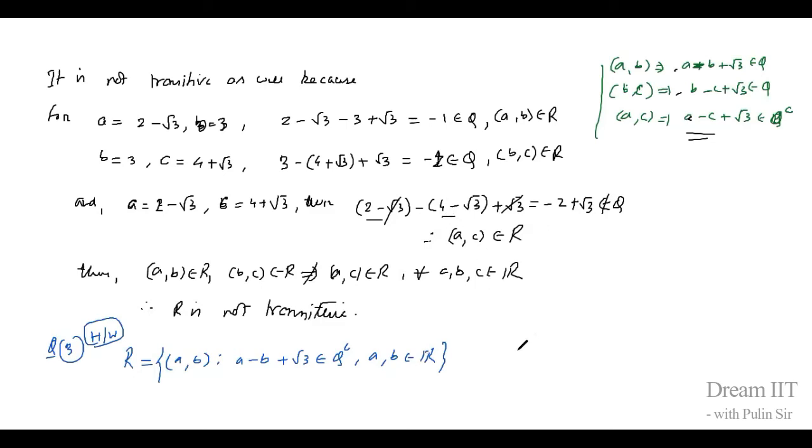Okay. I'll go for the next question. Here is your next question. Let us define a relation R on N cross N, where N means the natural numbers.